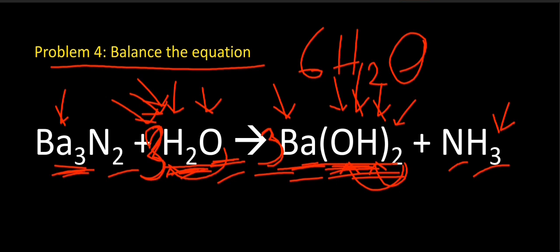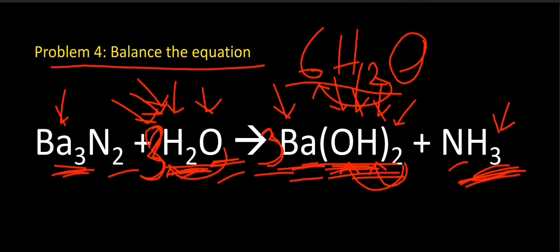We had 6 times 2, 12 hydrogen atoms on the reactant side. And wait, there are not only 6 hydrogen atoms, that means 2 times 3, 6 hydrogen atoms. Don't forget to make a summation of this. That means there are not only 6 hydrogen atoms, there are 6 plus 3, 9 hydrogen atoms now, and we have to balance it too.